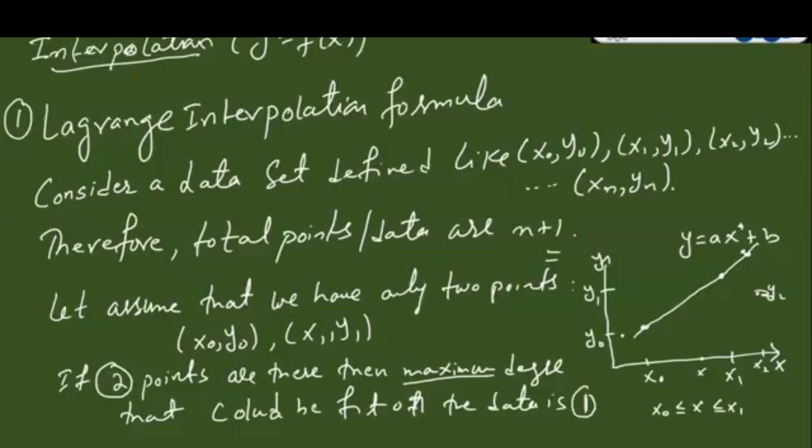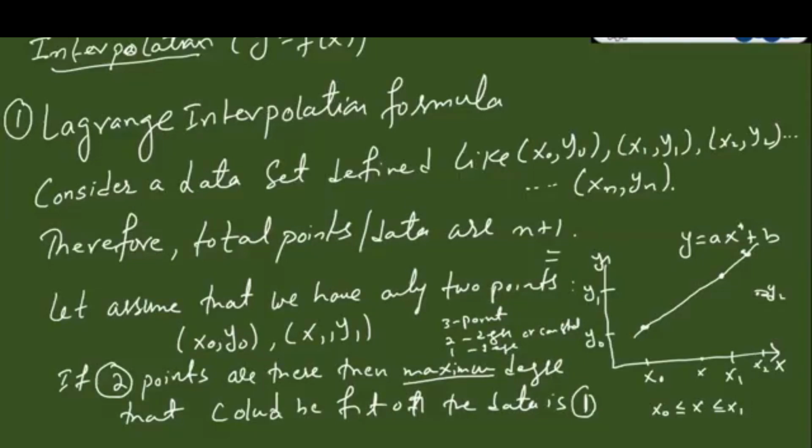So that's why I use the word maximum, because if there are 3 points, I can fit degree 2, I can fit degree 1, or constant, that is 0 degree. But the maximum is one less than the number of points.